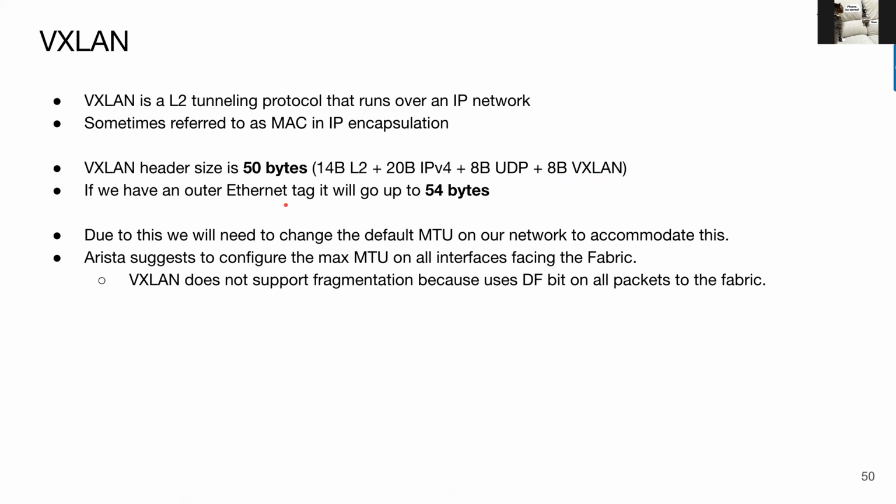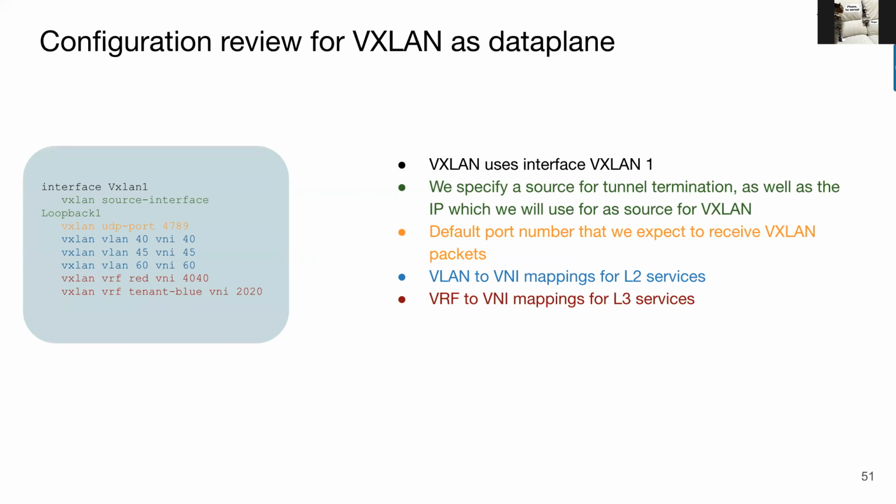I've still to this day not seen someone actually include this VLAN information, but perhaps we will one day. We do recommend configuring the max MTU on all interfaces facing the fabric, due to the fact that VXLAN doesn't support fragmentation and uses the do not fragment bit on all packets to the fabric. Hopefully this is just a real easy refresher for you guys.